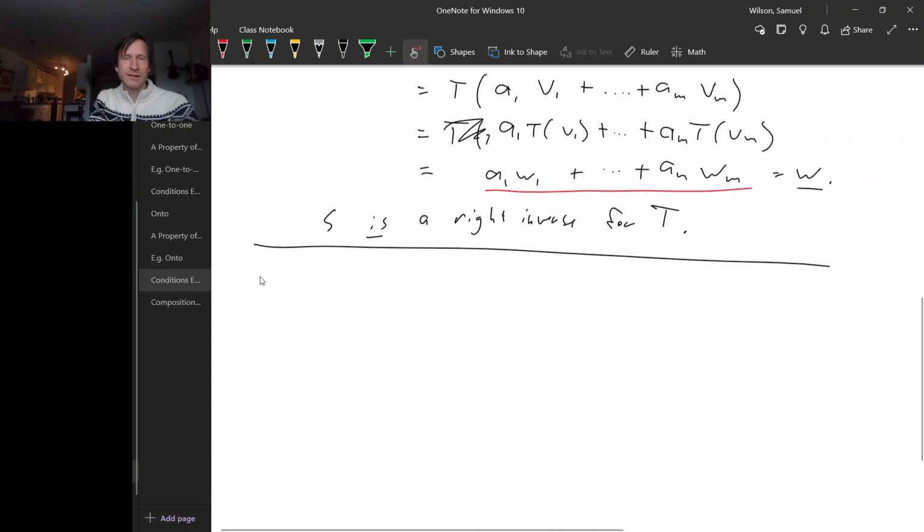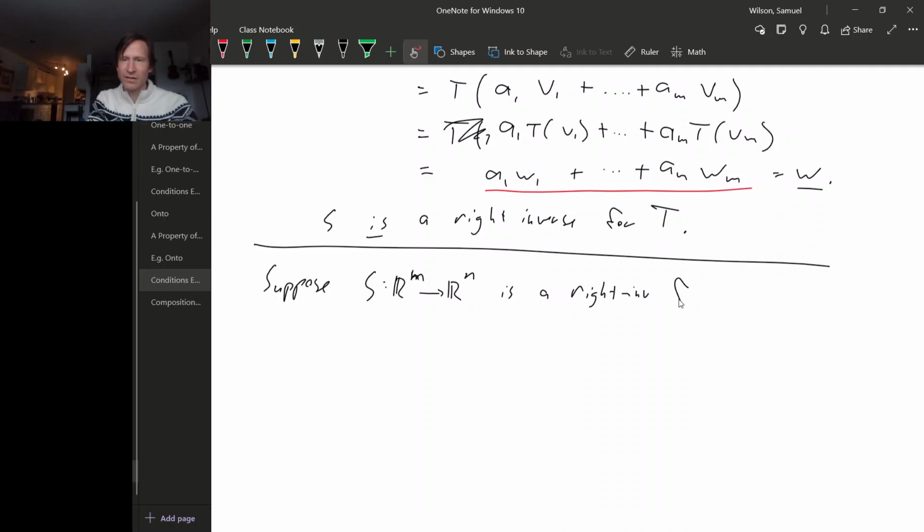Okay, so let's suppose that S from Rm to Rn, this is an m here, is a right inverse for T. In other words, what that means is that T composed with S applied to any vector W is W. We need to show that T is onto.